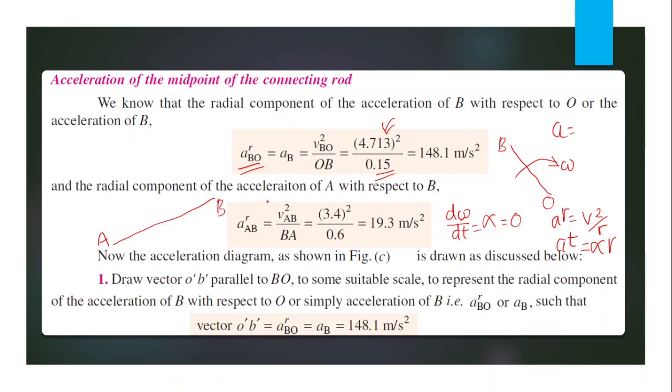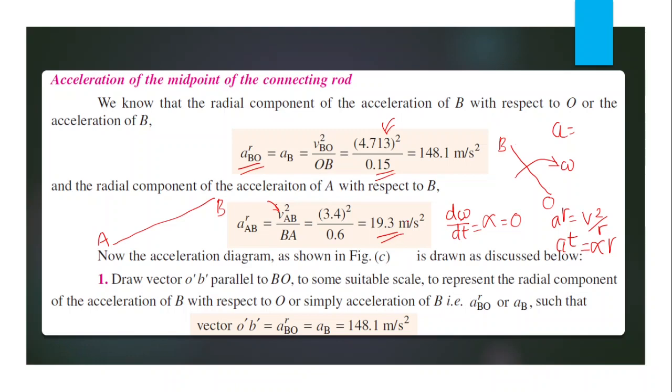We have already found that the velocity of A with respect to B is equal to 3.4. So the radial component of acceleration of AB is 3.4 whole square divided by 0.6, which is equal to 19.3 meter per second square.